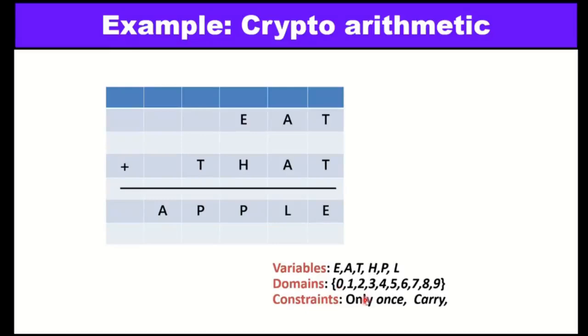So each number to each letter can appear only once and there can be carry. Carry must be satisfied. That means if I assign 9 to T, 9 plus 9, 18 must be satisfied over here. So E must have 8 and 1 should go here as a carry. And then this 1 plus A must be equal to the value of L. This is how we solve these problems.